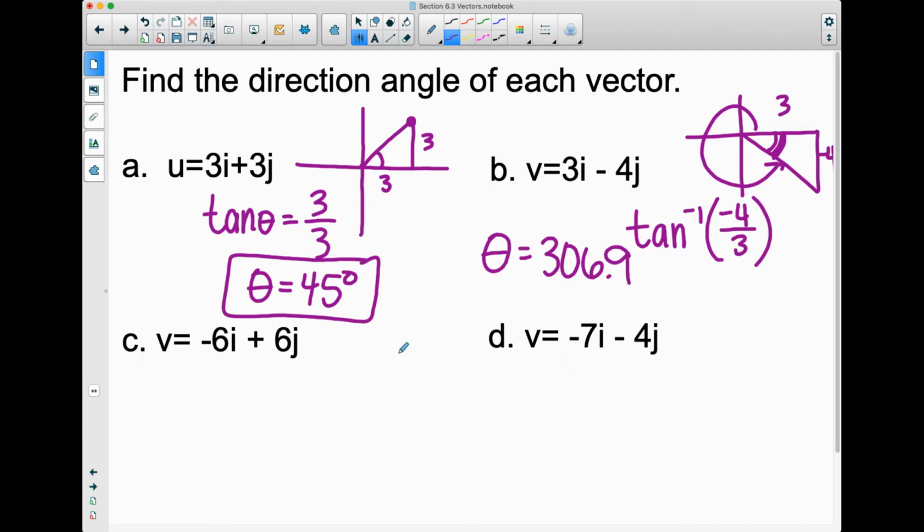Let's go ahead and try C and D. We're going to be using this same exact thing in 6.5.